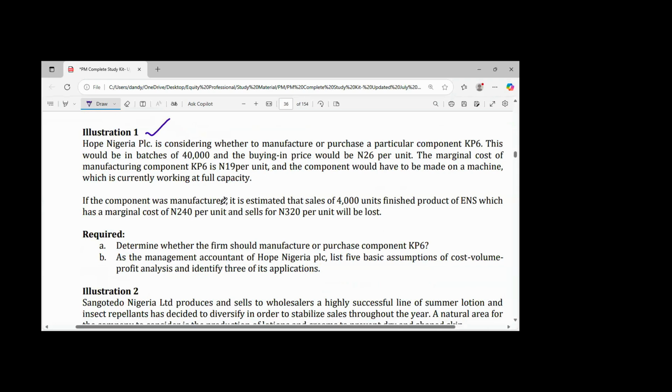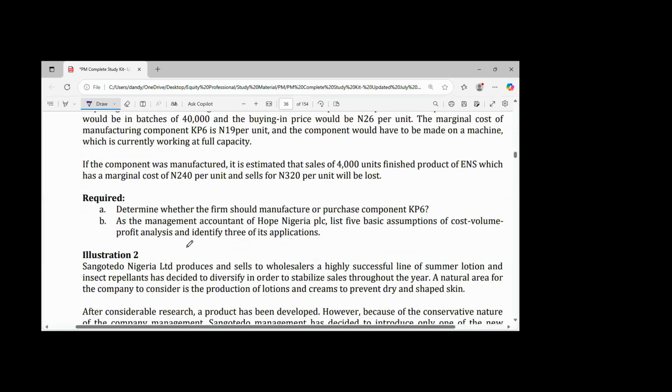If the component was manufactured, it is estimated that sales of 4,000 units of finished product ENS, which has a marginal cost of 240 naira per unit and sells for 320 naira per unit, will be lost. Required: A, determine whether the firm should manufacture or purchase component KP6.